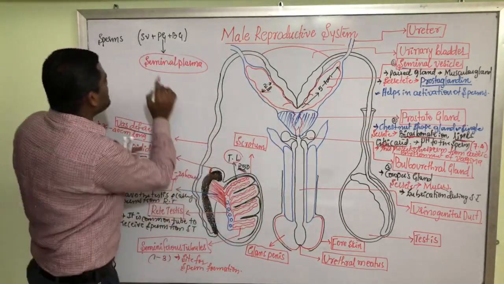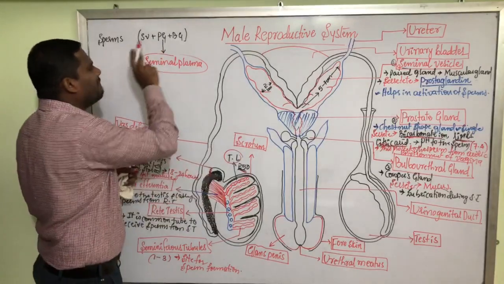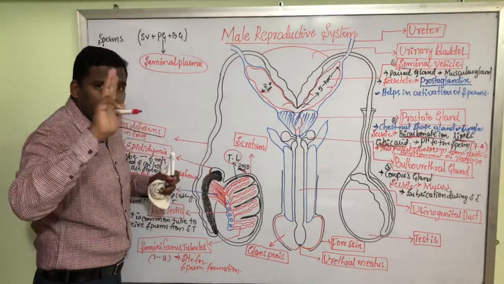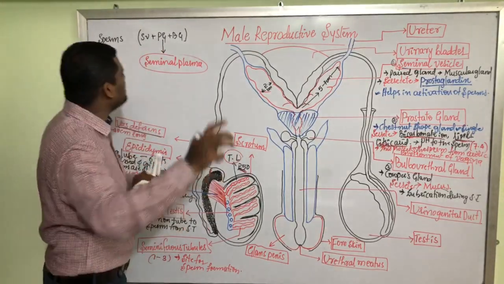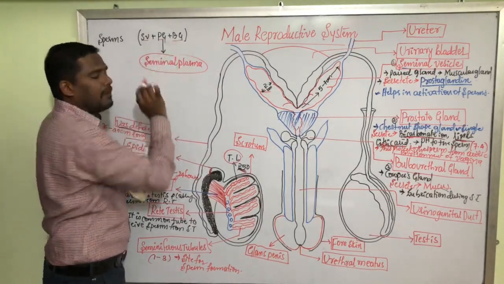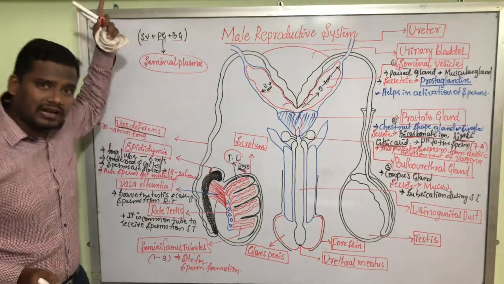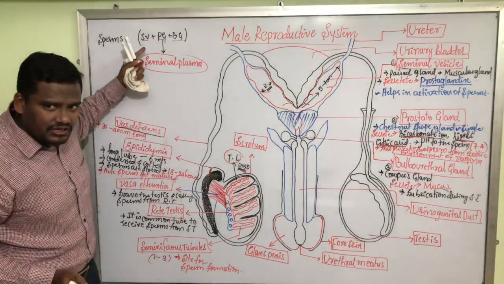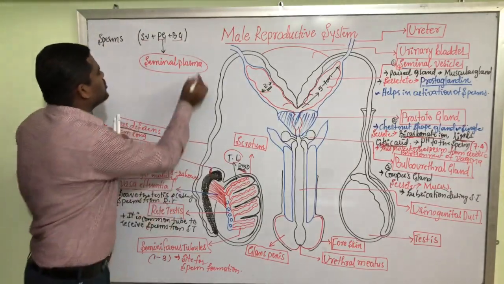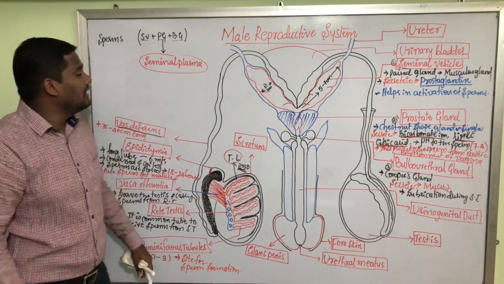Seminal plasma is a secretion of all the three glands located in the male reproductive system. What are the three important glands? Seminal vesicle, prostate gland, and bulbourethral gland. All the secretions together are called seminal plasma.